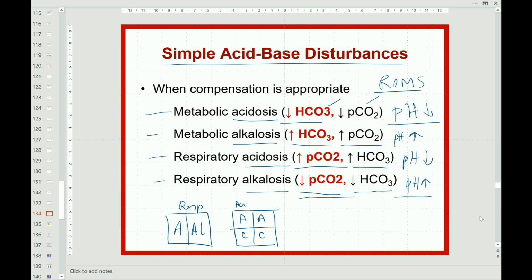This is acid, this is alkali, of course respiratory. Then we have four disorders: acute and chronic respiratory acidosis, and again acute and chronic respiratory alkalosis.